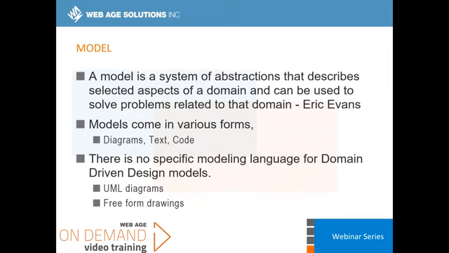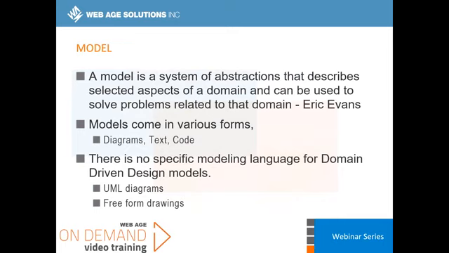One key characteristic of a model is that it's not exhaustive. It contains the selected aspects of what I need to know, the most important stuff, and the solution can be derived from that set of abstractions or definitions.